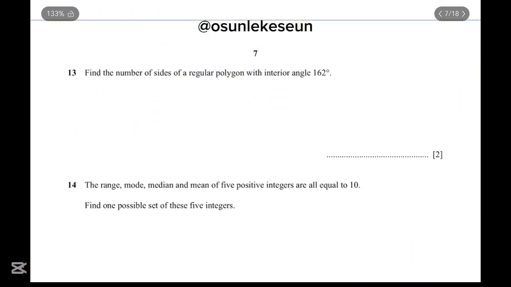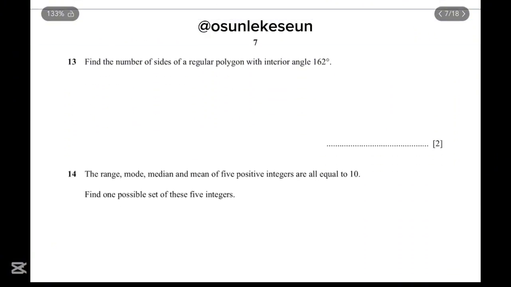The next question says, find the number of sides of a regular polygon with interior angle 162. So we know the formula for finding the sum of interior angles of a polygon is 2n minus 4 times 90.